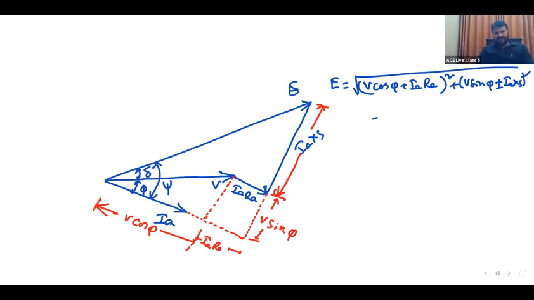Both relations are same. Here I am taking V as reference, but there E vertical was drawn. If you rotate this phasor counterclockwise by some angle, you will get E reference, E vertical.